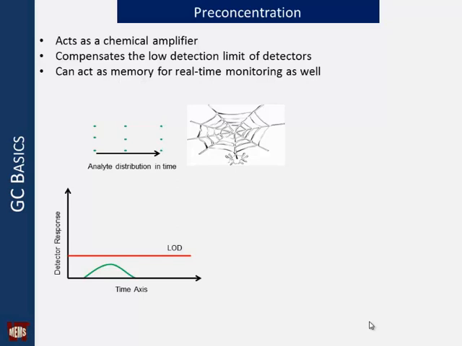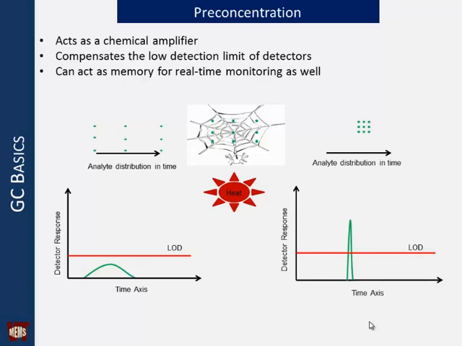So what you can do is put a trap, and as these compounds pass through this trap, they get trapped. Then you give them enough energy by heating it up, and all these adsorbed components get desorbed and go to the detector. Now you can have a very concentrated plug that sends your signal above the limit of detection of your detector.